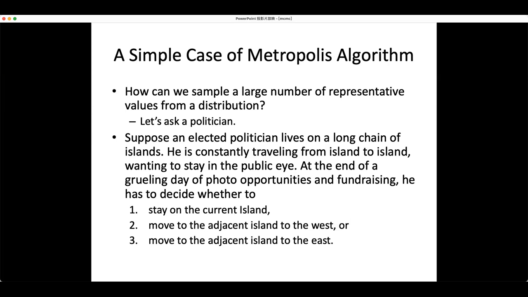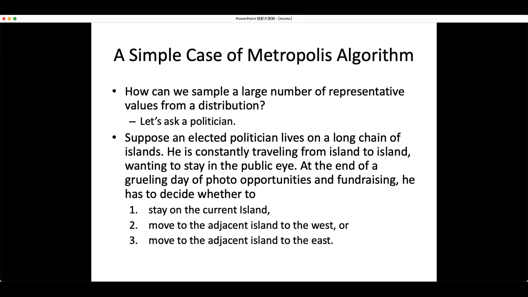At the end of a grueling day of photo opportunities and fundraising, oh, by the way, in the US the campaign is always about photo taking and fundraising. It's very different from Taiwan.